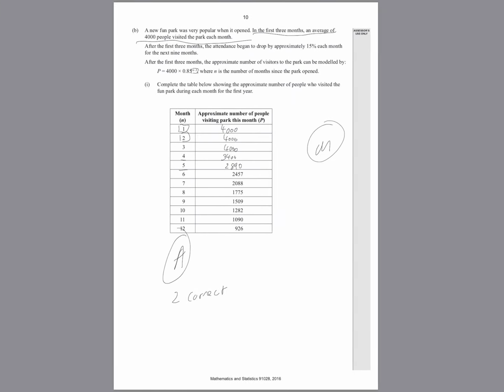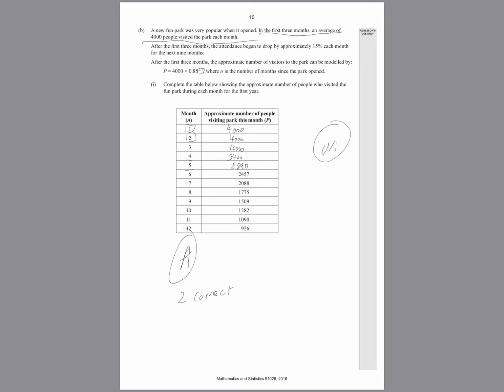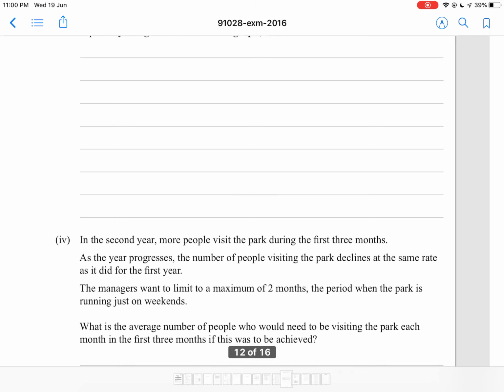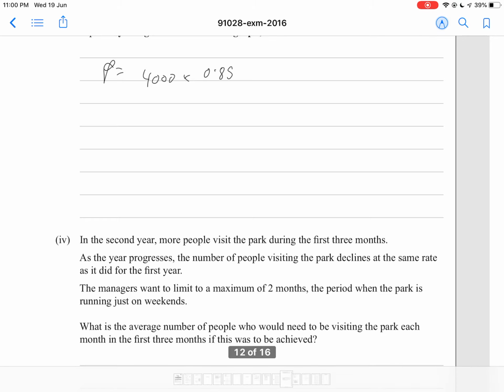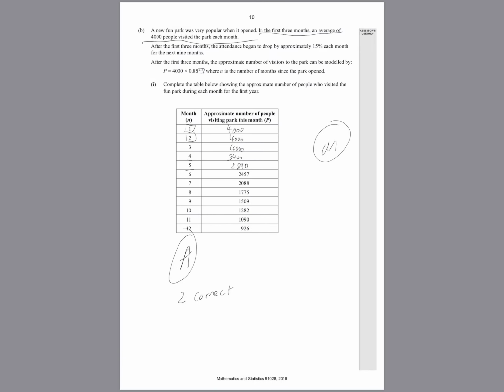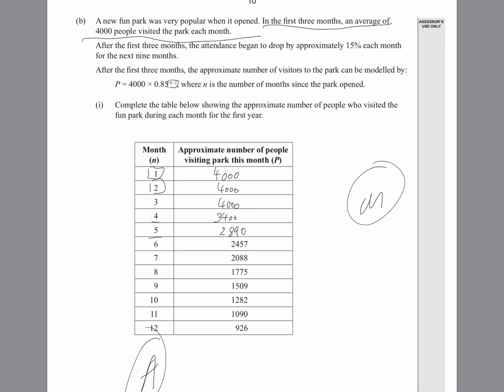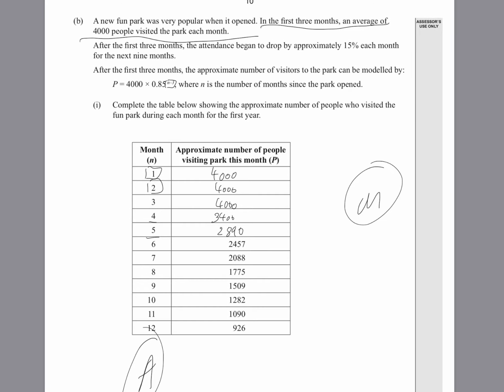First we need our equation. It tells us our equation is p equals 4,000 times 0.85 to the power of n minus 3.